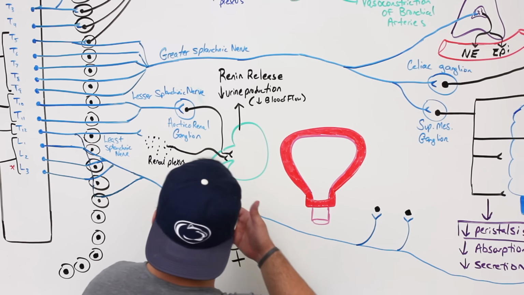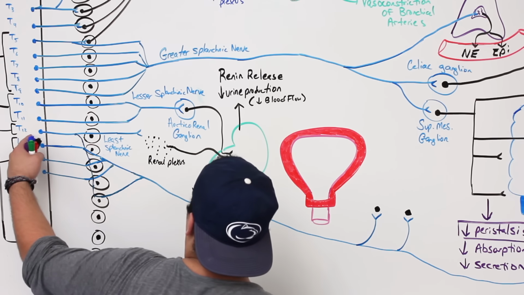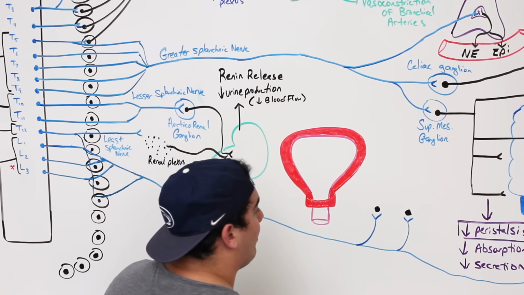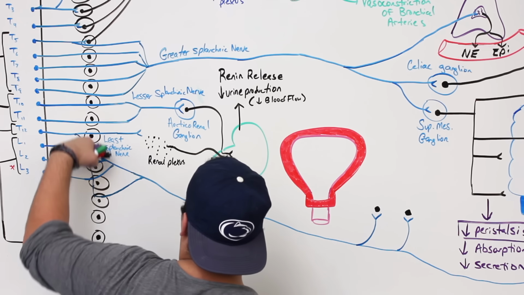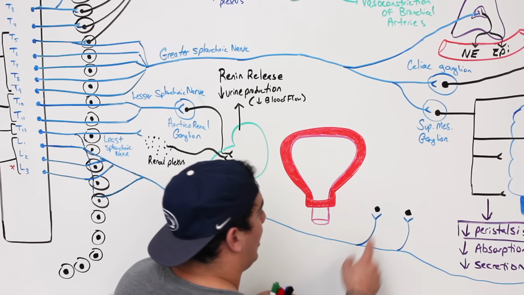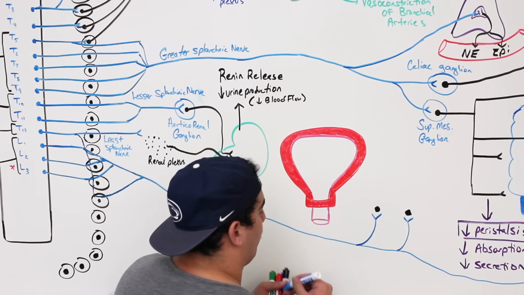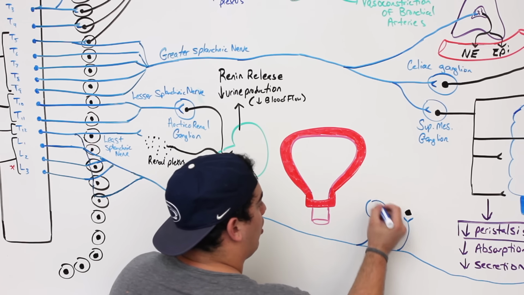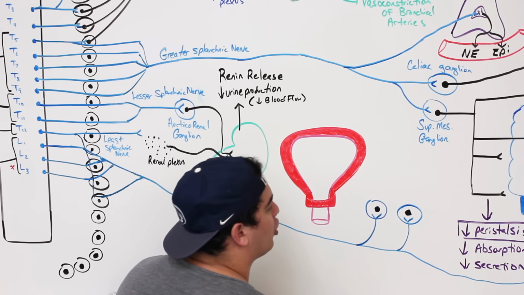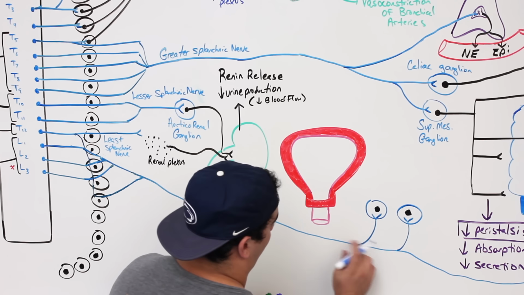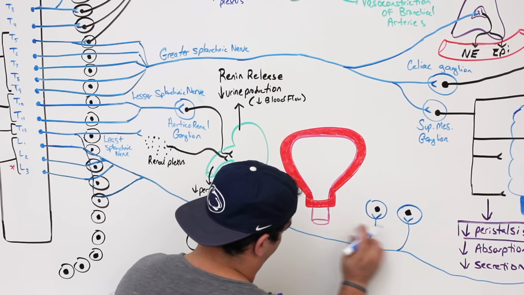So again, L1, L2, L3, and even T12, sometimes T11, can come down through these chain ganglia, come out, and go to two plexi over here. One is the superior hypogastric plexus, and the other is the intermesenteric plexus. So again, what is this one right here called?